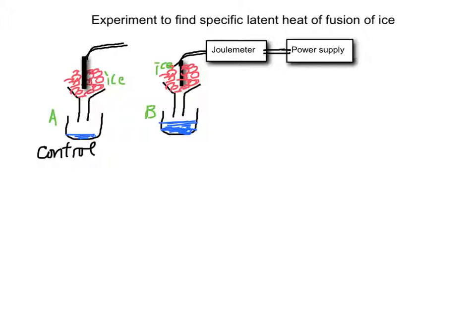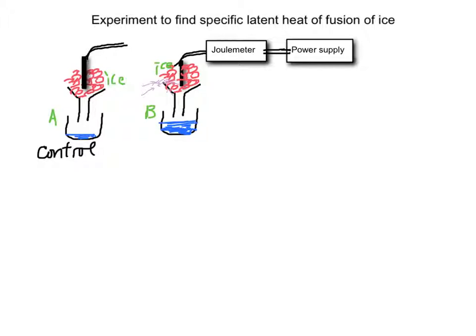When the heater is switched on, heat released by the heater will be absorbed by the ice. Also, since the air temperature outside is higher than that of the ice, there is another heat source, heat absorbed by the ice from surrounding.